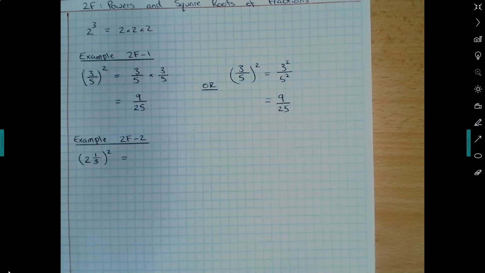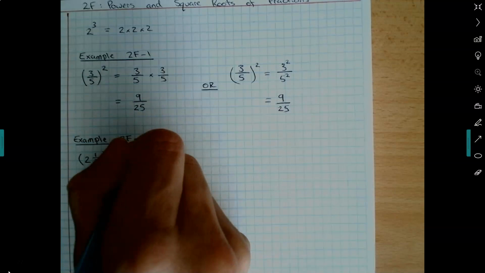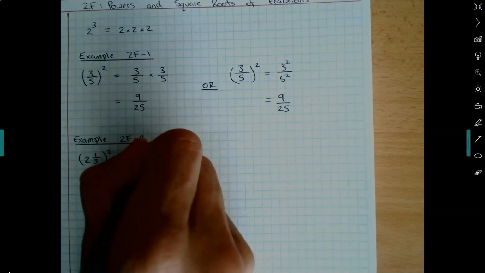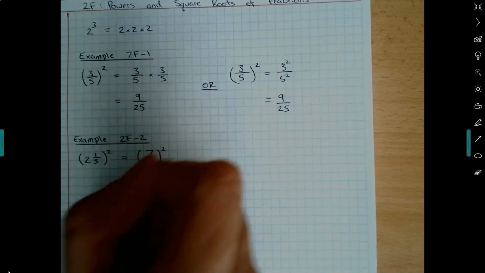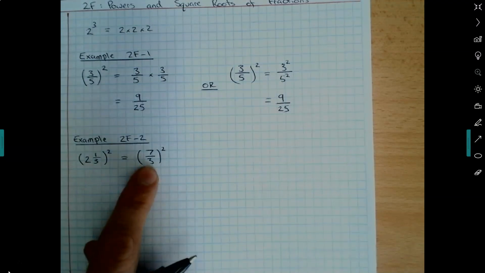We could do it as a mixed number if we wanted to, but I think for this example it would be easier to do it as an improper fraction. We all know how to convert that: 2 times 3 is 6, plus 1 is 7, so 7 over 3 squared. All I've done is convert that to an improper fraction.